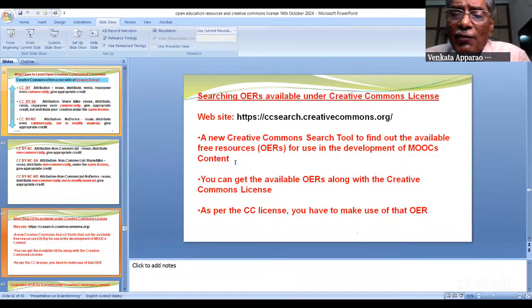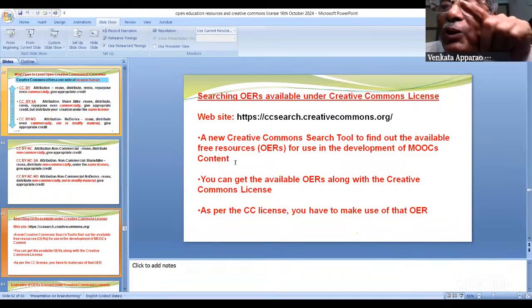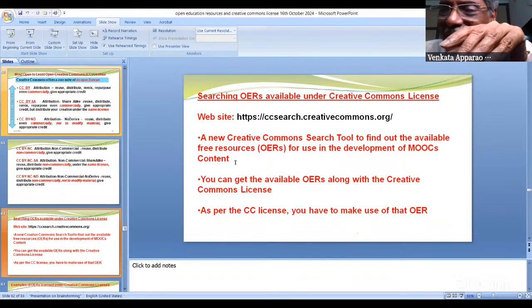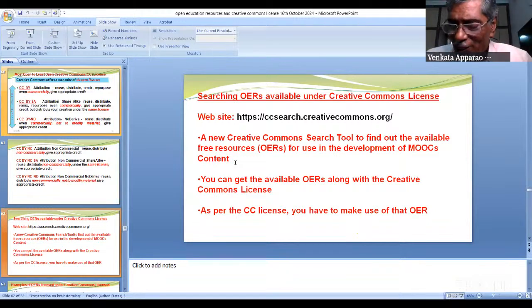You can get the available OERs along with the Creative Commons license. As per the CC license available near the article or the artwork, you have to make use of that OER. Very important.